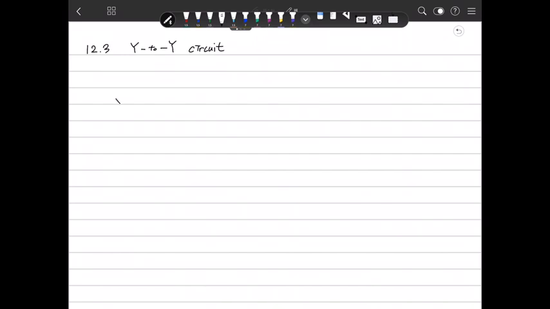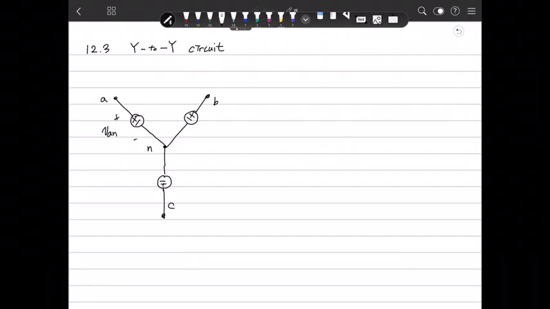Now we have three voltage sources, a balanced source, in a Y connection configuration. In this Y connection, you define this terminal as A, this terminal as B, and this terminal as C, and we define this as small n. We define this voltage as VAN, this voltage as VBN, and this voltage as VCN.